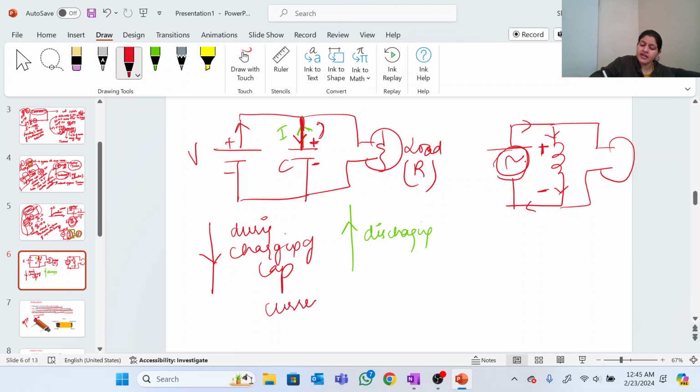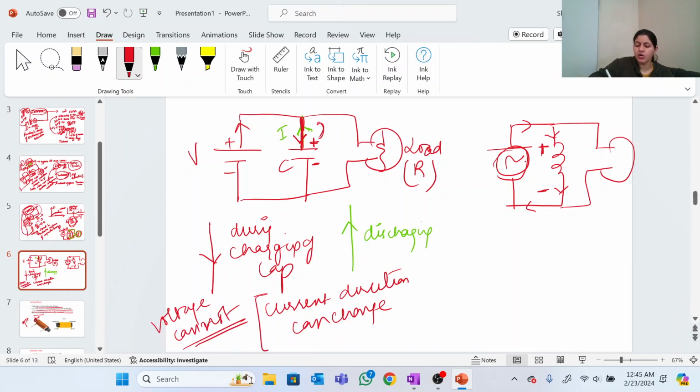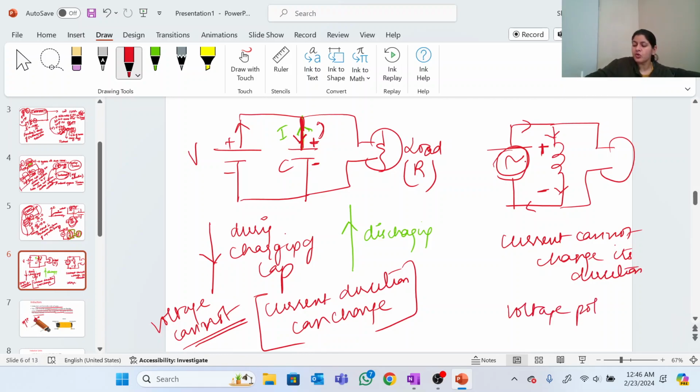Here current direction can change because voltage cannot. So voltage cannot, therefore current can change its direction. Here current cannot change its direction, it resists the change of direction, therefore voltage polarity changes.